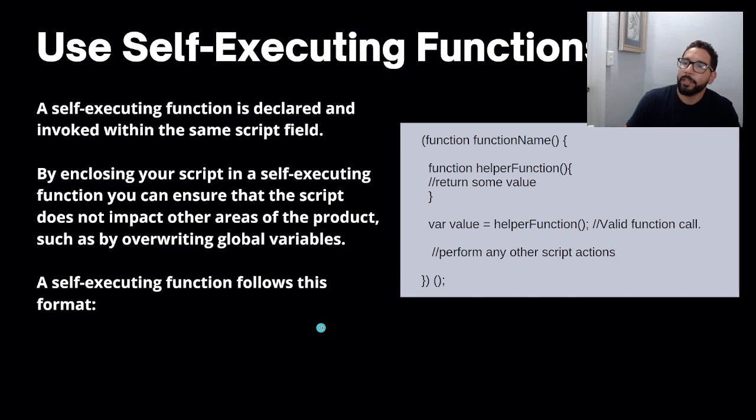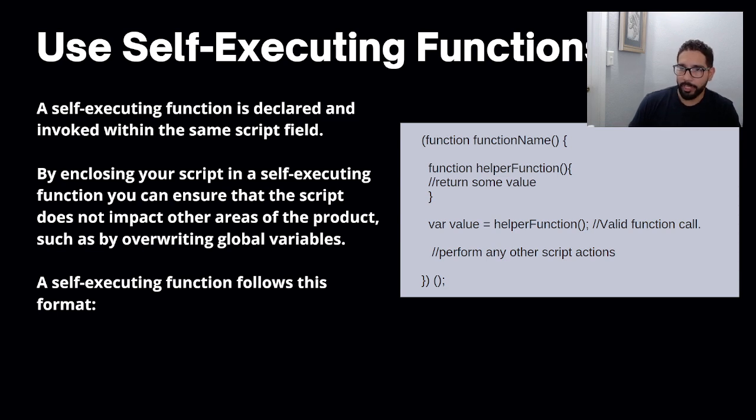Okay. Let's talk about self-executing functions, right? So the benefit of a self-executing function is that it's declared and invoked in the same script. So here's an example where you have your function, and you can include helper functions in there that will only be in that scope within the code, and it will execute itself, right?